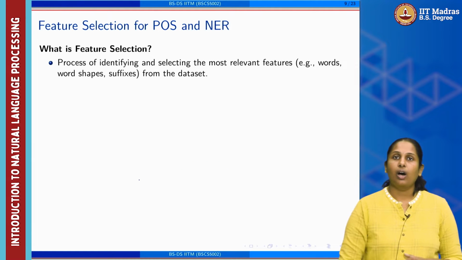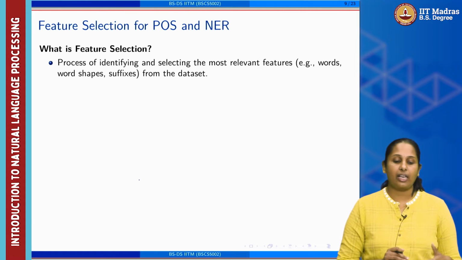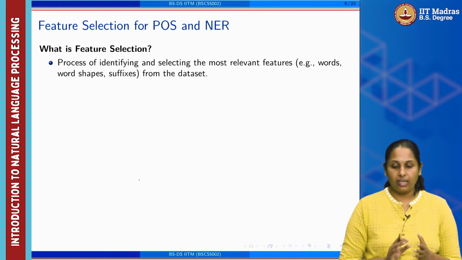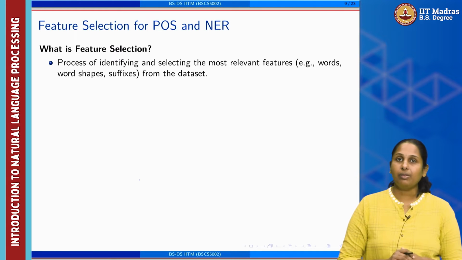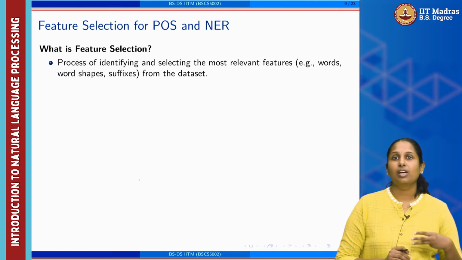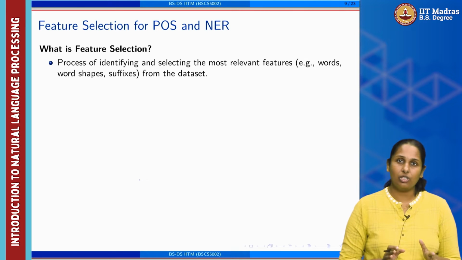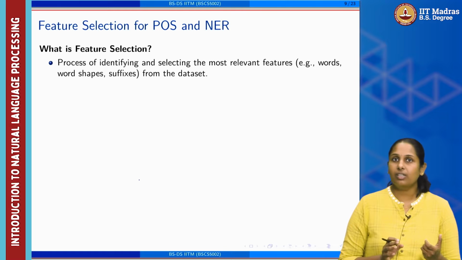Now, other than this complete word probability, can we extract some other kind of features when we are building the POS and NER? Yes, it is possible, because sometimes the word's shape, its suffix and the other words coming along with that particular word are all used as features to predict the given word's tag.